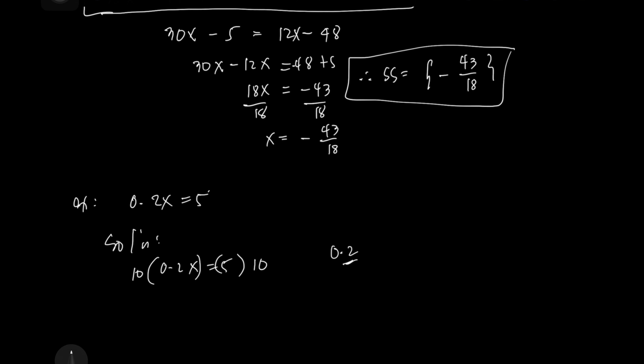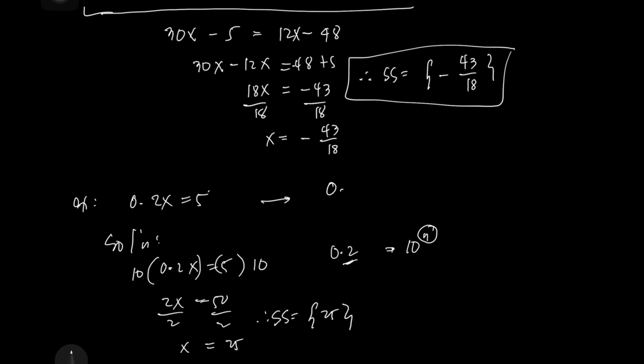So we can multiply by 10 to the n, where n means the number of digits after the decimal. In this case, since we only have 1 digit after the decimal, we can just multiply by 10. So that makes it 2x = 50. In this case, we can just divide by 2 on both sides. That makes it x equal to 25. And the solution set is 25.